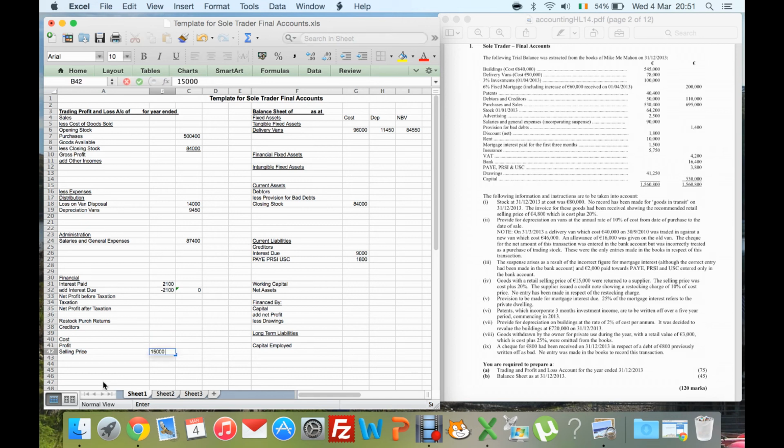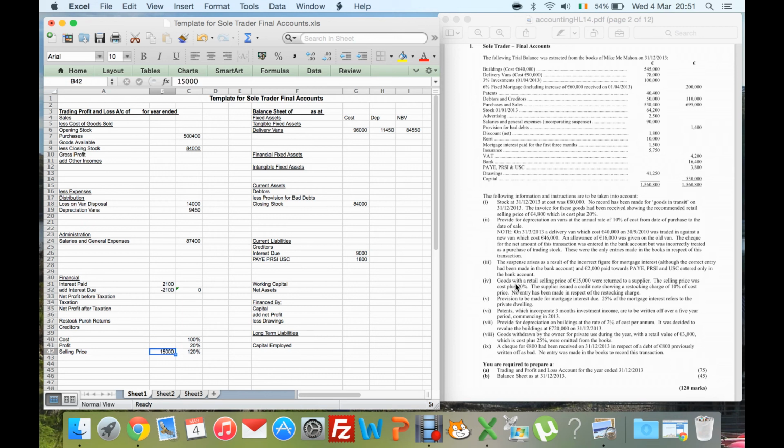So selling price we know is 15 grand, and the selling price was cost plus 20%. So the profit is 20%. So selling price is cost plus 20%, so that's 120%. That means the cost is 100%. So this number here is 120%.